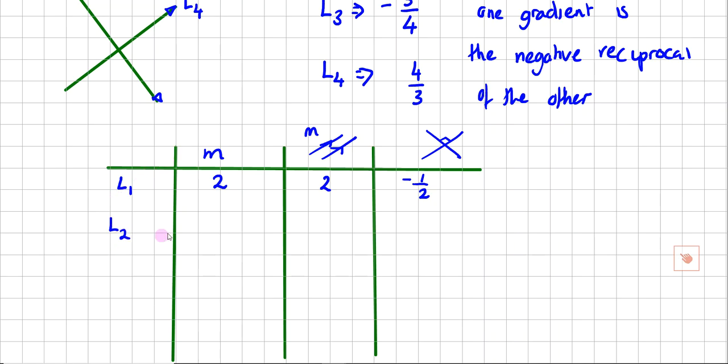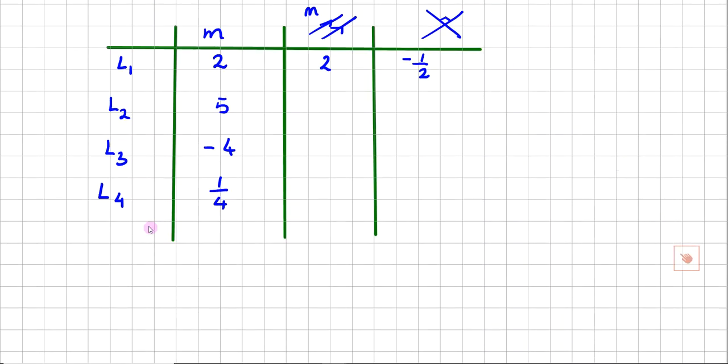Okay, so L2, I'm going to write as 5. L3, I'm going to write as -4. L4, I'm going to write as 1/4. L5, we're going to do -2/3.